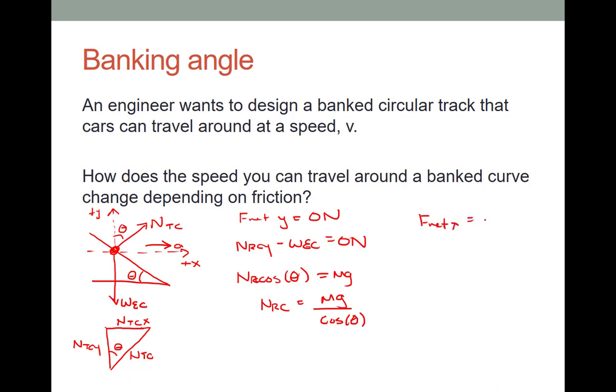In the x direction, we have F net x equals ma, but it's moving in a circle at constant speed. So net force takes on the centripetal form. We only have one force in the x direction, and that is the x component of the normal force.